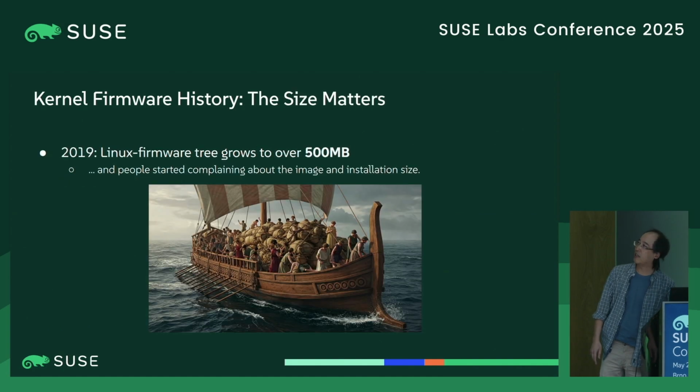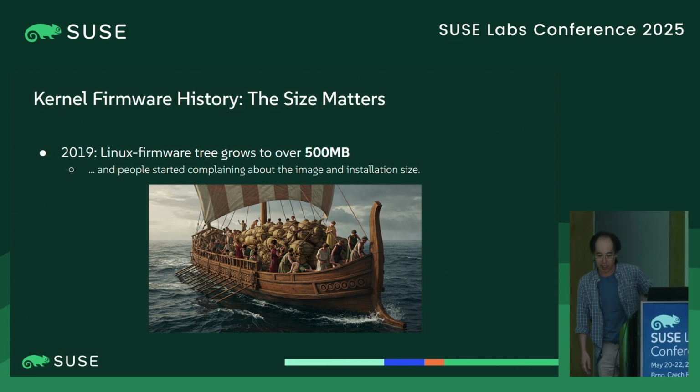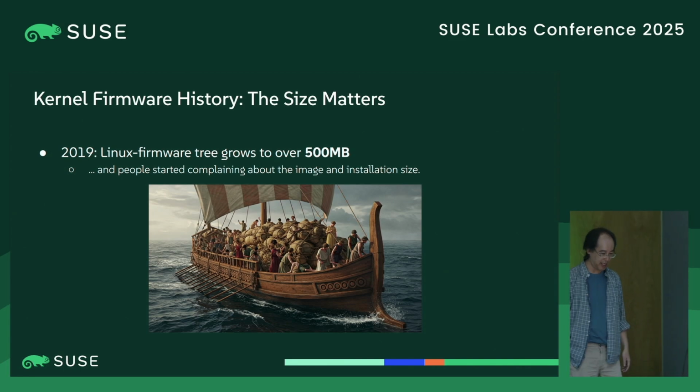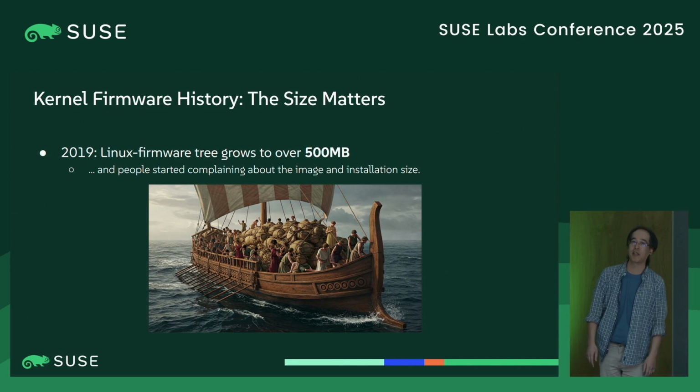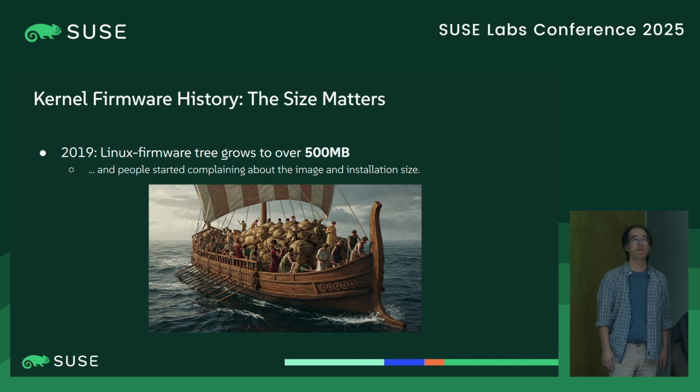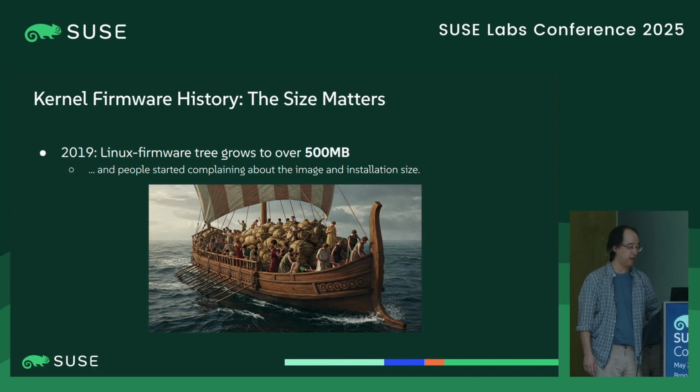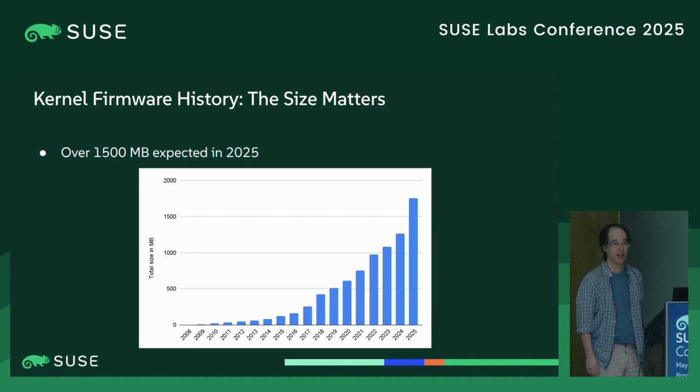Then later on, in 2019, the Linux firmware tree grew over 500 megabytes, and people started complaining it's too big. And when you look at the Git history, the situation is much worse nowadays.